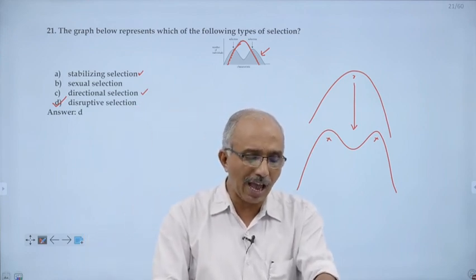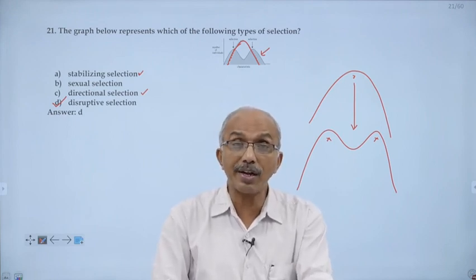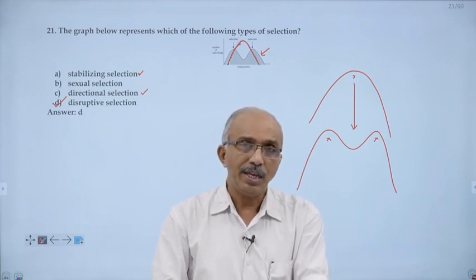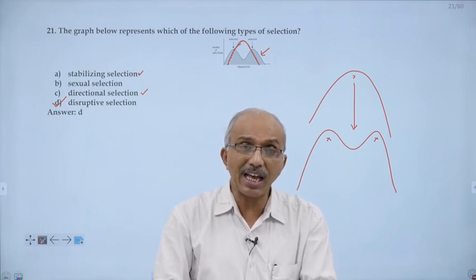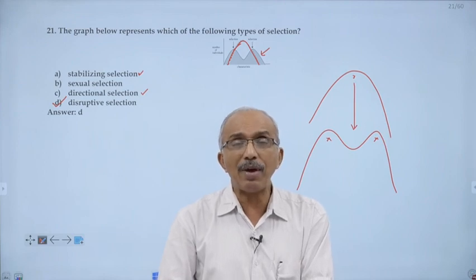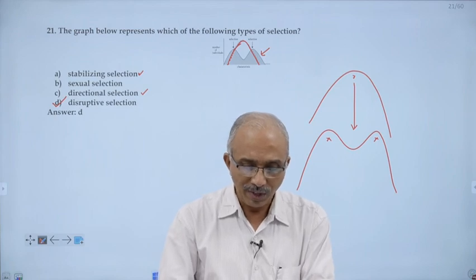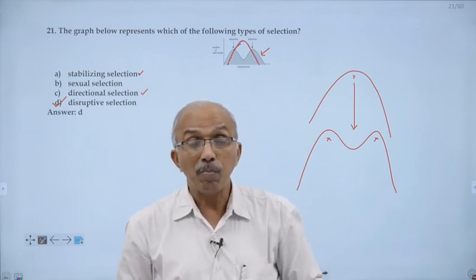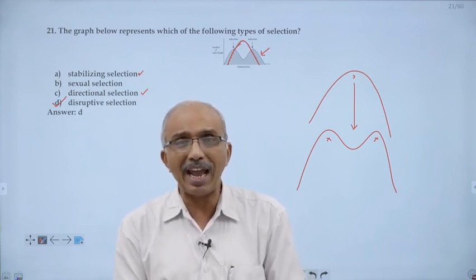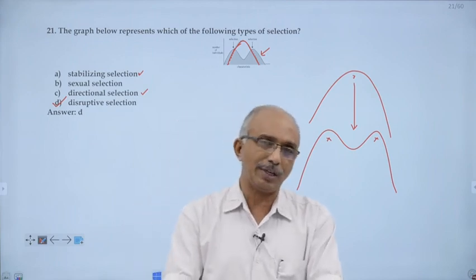If the individuals having average values are selected, it is called stabilizing selection. Individuals having either below or above average values are selected, it is called directional selection. Individuals having both below and above average are selected, it is called disruptive selection.